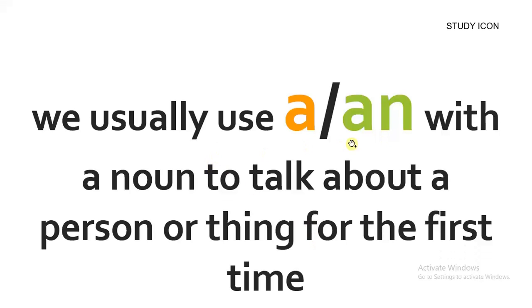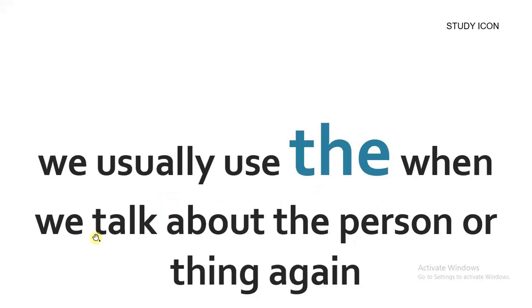Now here we usually use a and an with a noun to talk about a person or thing for the first time. This is what I'm talking about. If we are starting any story or conversation, the first time we will use a for that particular thing or object, and in the rest of the conversation or story we will use the for that particular object. Like a CD player. We usually use the when we talk about the person or the thing again.